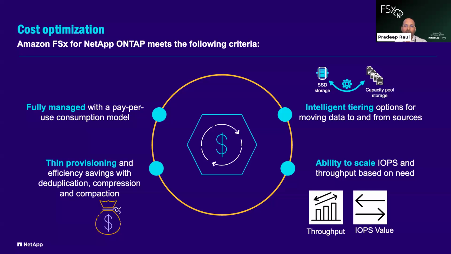There is intelligent tiering as well. Tiering enables the right balance between storing the right data in the right place, so you can optimize cost and performance accordingly. If you look at the stats on the amount of data we generate as opposed to the data we access, roughly 68% of the data we generate is never used. So we generate loads of data and we don't necessarily use all of it.